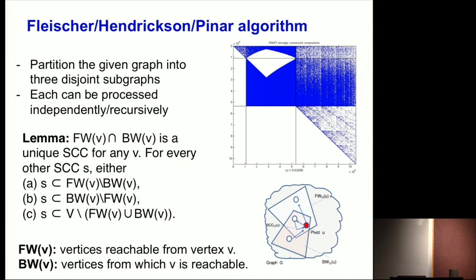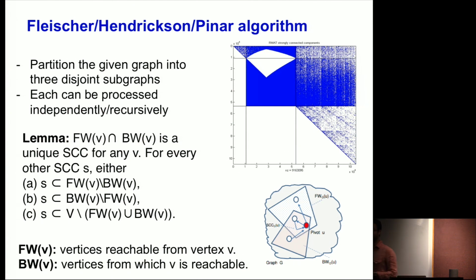You find its forward set, which means the set of vertices that are reachable from that pivot, with a breadth first search. And you find the backward set, all the vertices that can reach this vertex, with a backwards breadth first search. You change the orientation. The intersection of these sets is unique, and it is exactly a strongly connected component. So you found one strongly connected component.